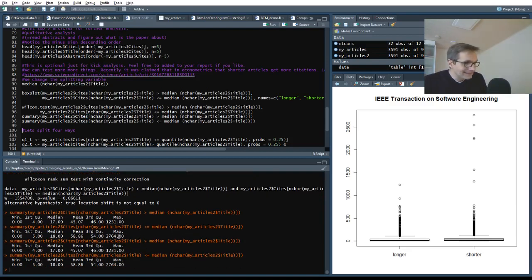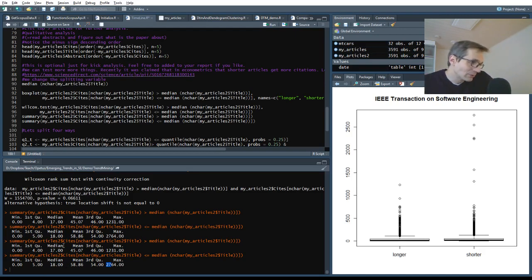We can see that if the title length is greater than the median, then the maximum number of citations is 1200, minimum 0, and for the shorter ones the maximum number is 2700 and minimum 0. However, the difference in the median number of citations based on title length is not very significant.